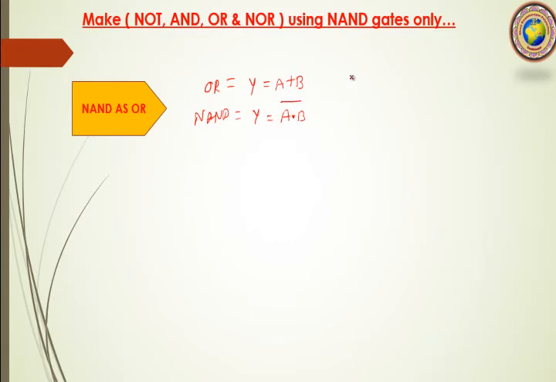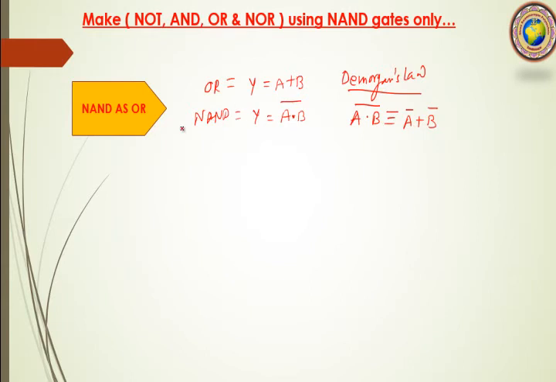Here we use De Morgan's law: A dot B bar is equal to A bar plus B bar. Using this theorem we convert the NAND gate into an OR gate in the form of a dot product.